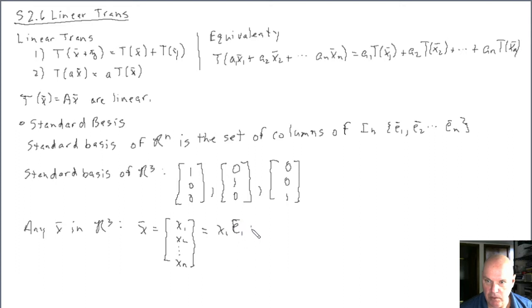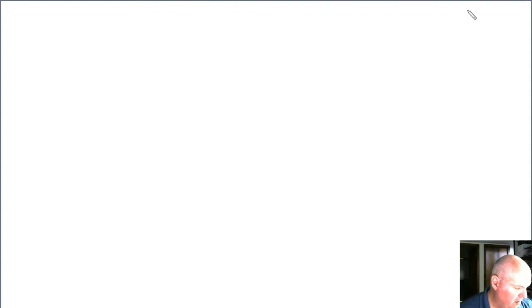It would be x1 times e1 plus x2 times e2, and so on. Indeed, these are often referred to as the coefficients of the standard basis representation. So here I'm just formalizing what you've seen before in 2 and 3 dimensions, and perhaps extending it to the n-dimensional case.